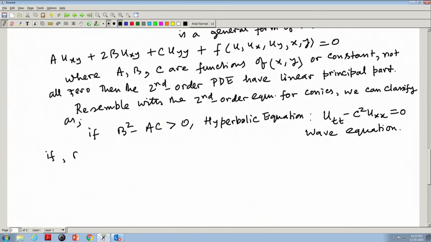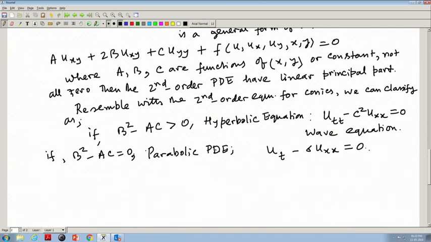Same way, if b square minus ac equal to 0, this is called the parabolic PDE. Classic example, u_t minus sigma u_xx equal to 0.